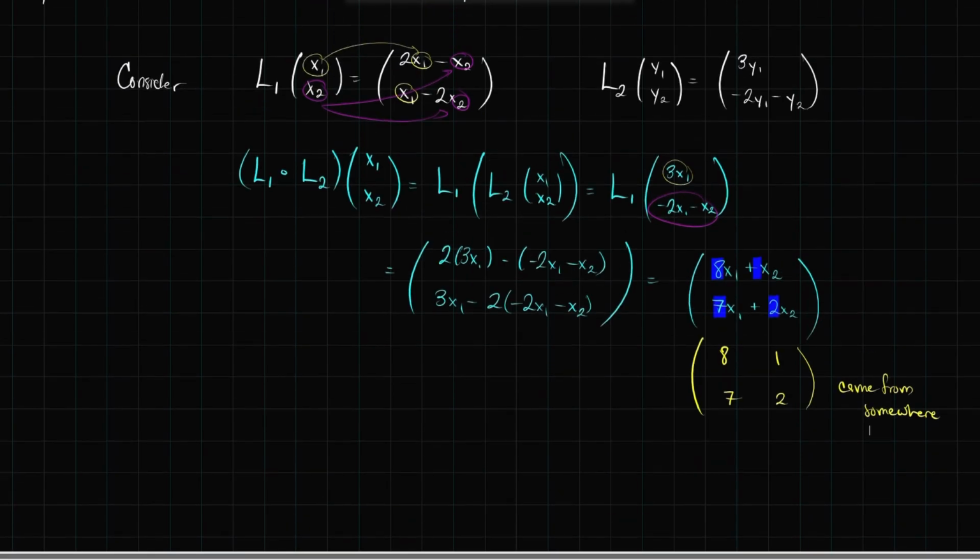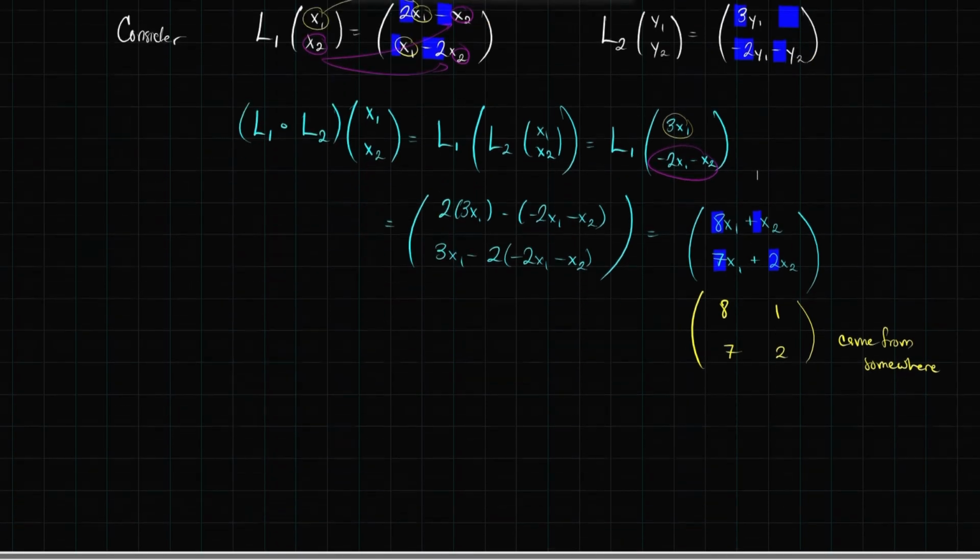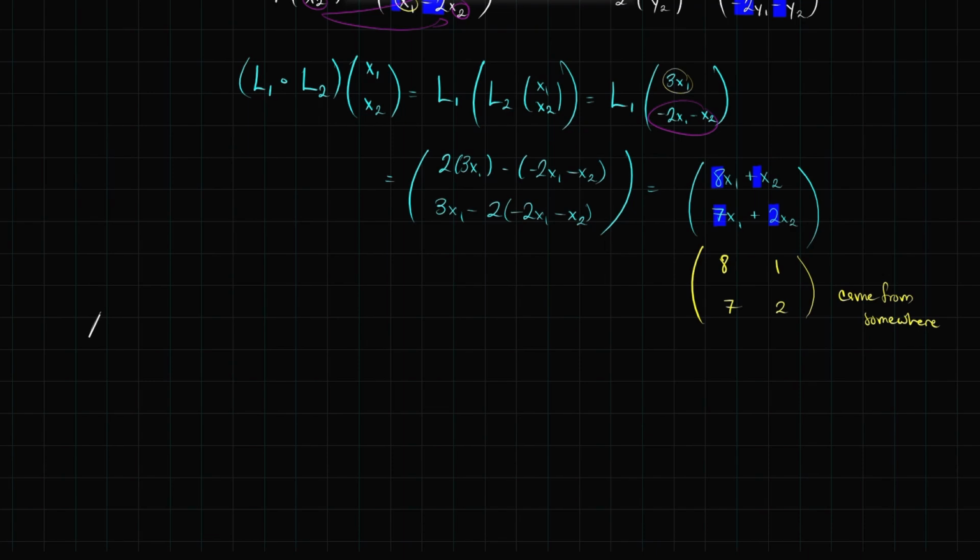Right, if I jump back up to my original 2 linear maps and look at the matrices that would represent those, 2, negative 1, 1, negative 2, and 3, 0, negative 2, negative 1, that's just me extracting coefficients. How does this 8, 1, 7, 2 come from the 2 previous matrices? Well, we have an operation called matrix multiplication.